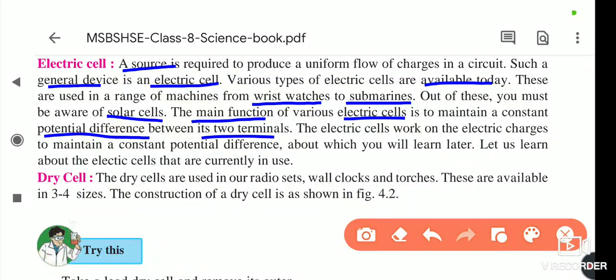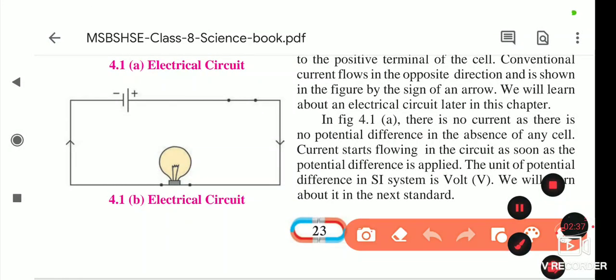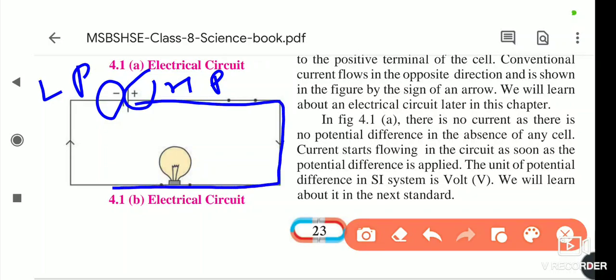In the above figure you will notice that one side is written positive and one side negative. What is the reason for plus and minus? Plus means higher potential is here, and lower potential is there. Due to this difference in potential, current flows from higher potential to lower potential.